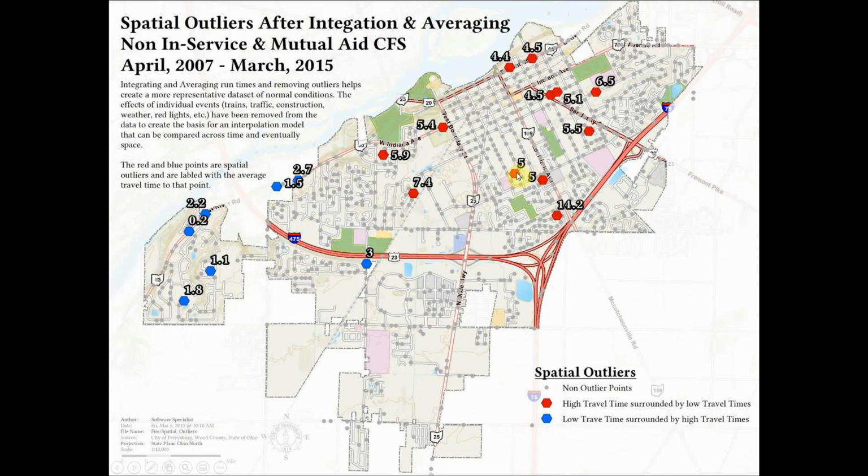Or 5 minutes surrounded by low travel times, or 4 minutes surrounded by 1 and 2 minute travel times. And out here, we have low travel times surrounded by much higher travel times. So 0.2 minutes is most likely surrounded by travel times of 5, 6, 7 minutes. Same thing, 3 minutes is probably surrounded by 5-minute travel times. So we can take that additional step to remove those outliers.